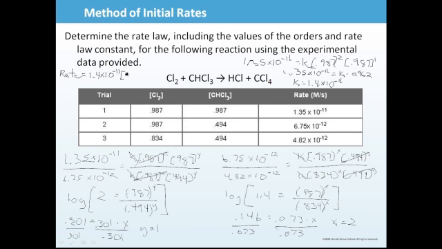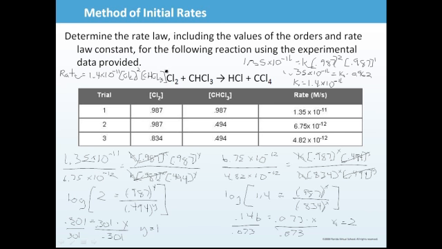And we're going to multiply that by the concentration of Cl2 to the second power, and then multiply that by CHCl3 to the first power.